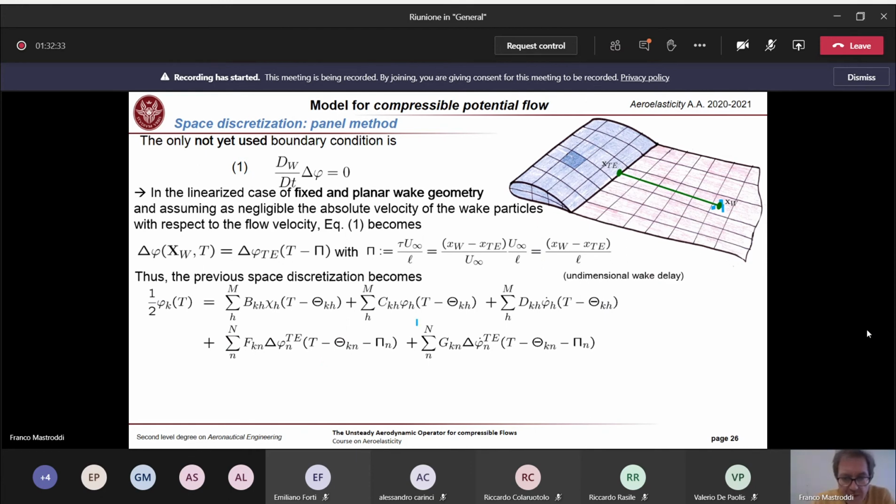So just the same, and therefore we are able to improve our space discretization mechanism, including the wake delay mechanism. So this capital Pi is a further delay with respect to the compressibility delay. So we have the compressibility delay, but on the wake we have to sum also the delay associated to the mechanism of the wake.